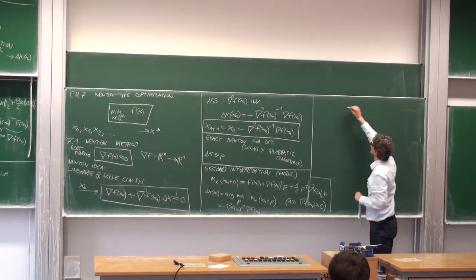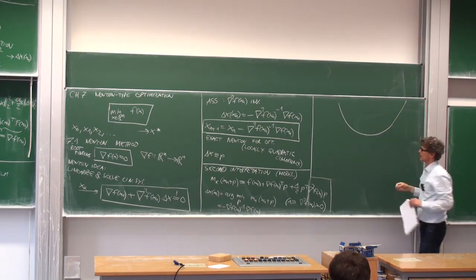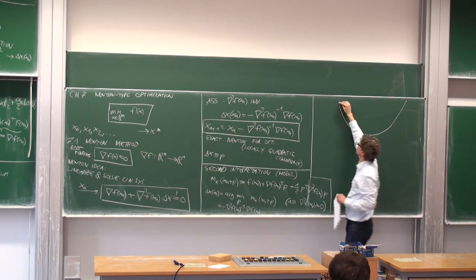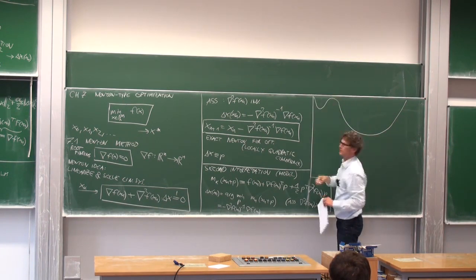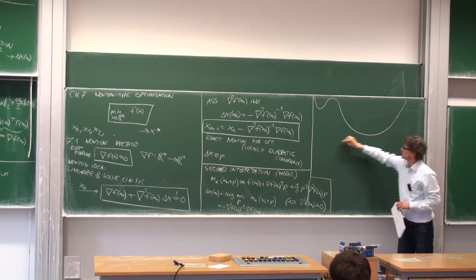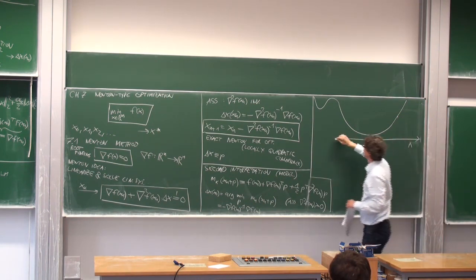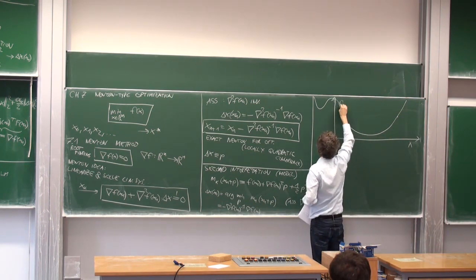We have our nonlinear function. Okay, I might draw it somewhere else. So it need not be convex, right? I'm at some point here. This is my x, and in this direction I have actually f of x.